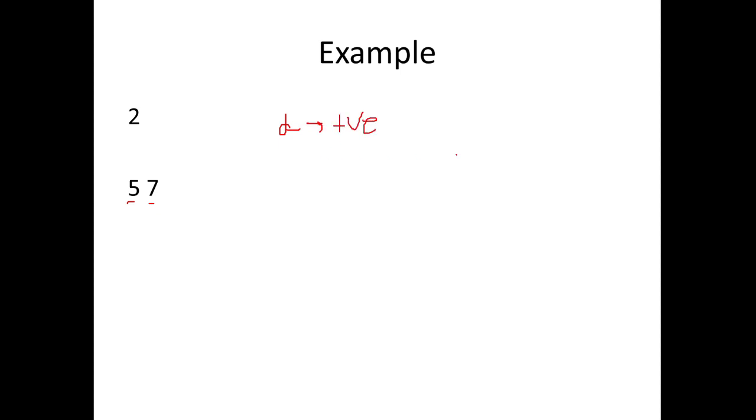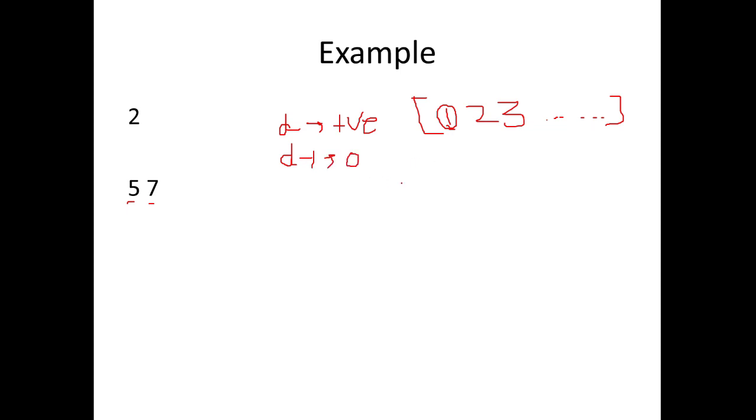That means the value of d lies between 1, 2, 3, and so on. So all the positive integers can be the value of d. Let's focus on the smallest one: when we take d equal to 1, then d minus 1 will be 0.